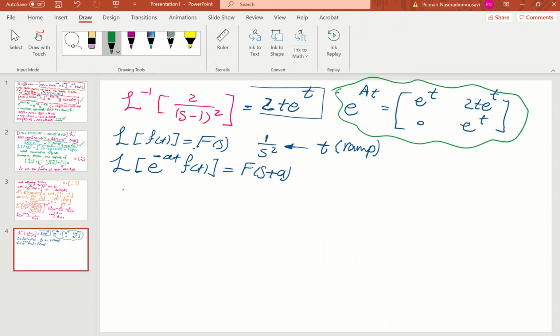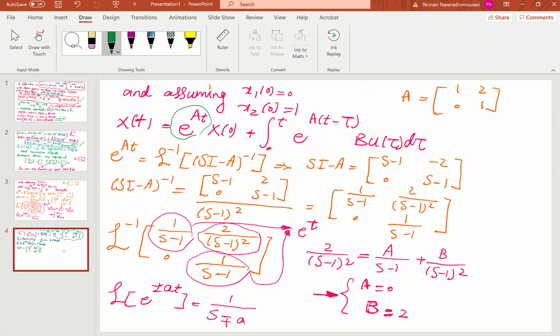How? We say x of t is going to be e to the At, so e to the t, 2t e to the t, 0, e to the t, times, look at here guys, x naught.